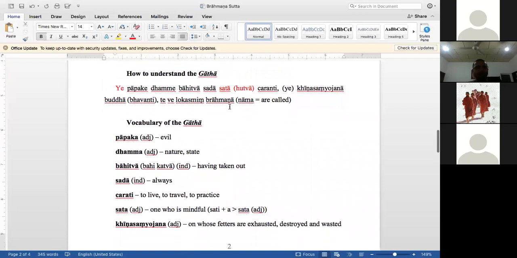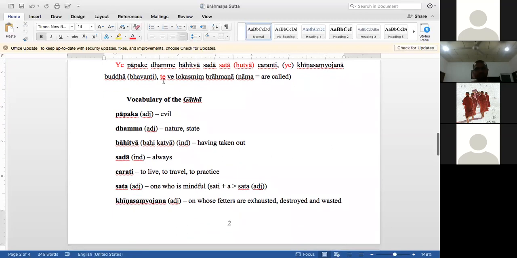Te, those. So this Ye is connected to Te, those who. In English we normally translate it as "those who". So the persons who, having removed the evils, wander, becoming mindful, and whose fetters are exhausted and who are enlightened, they.